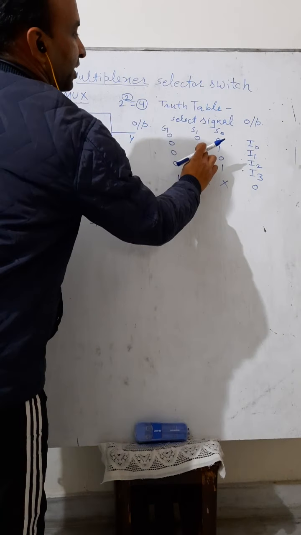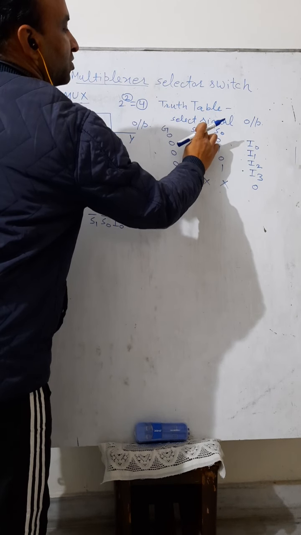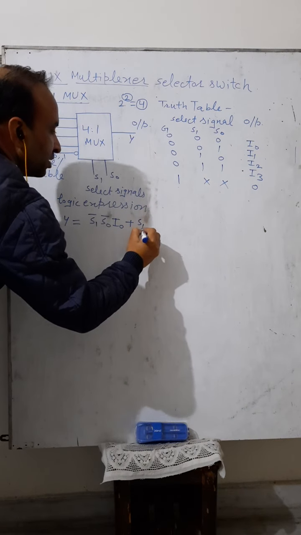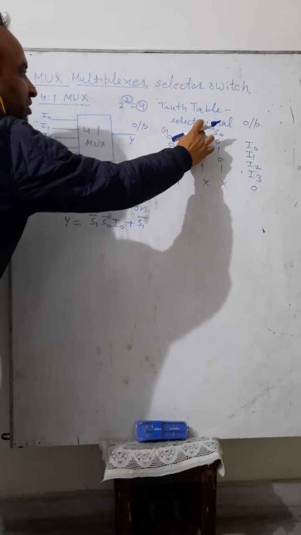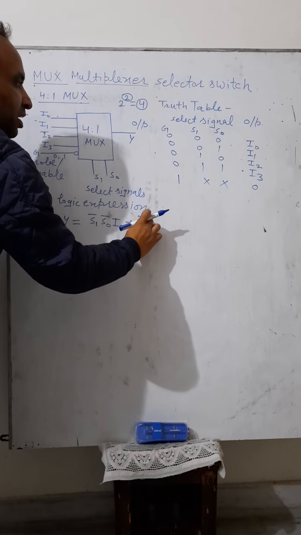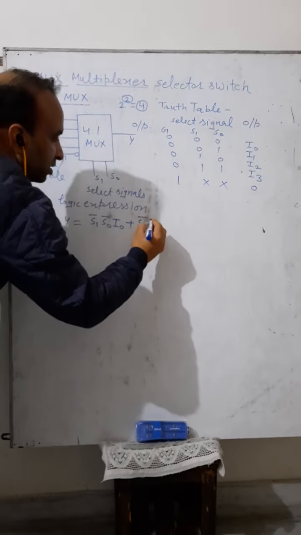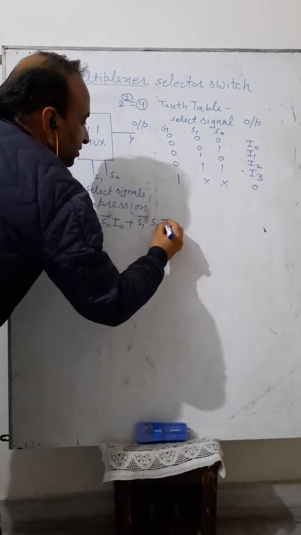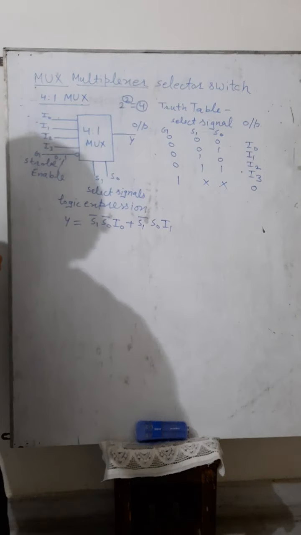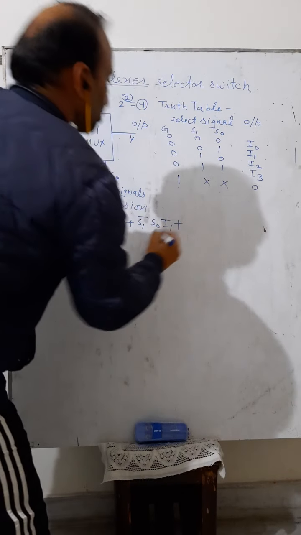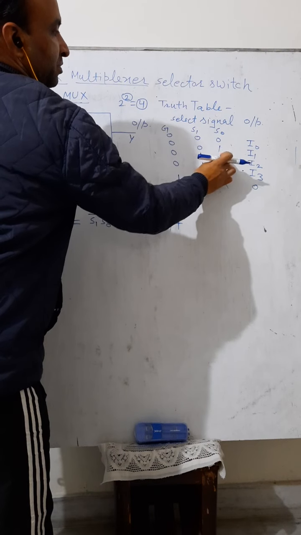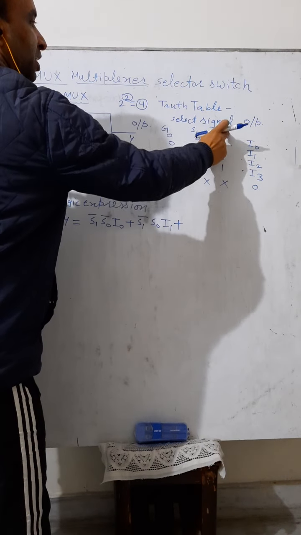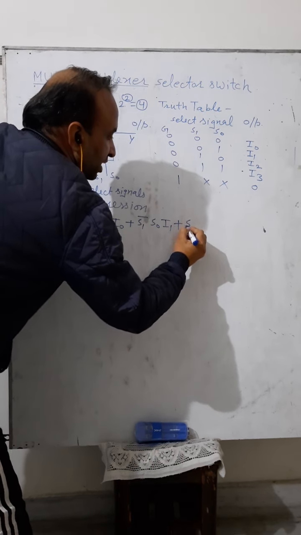For the second combination, the value of S1 is 0, S0 is 1. So S1 bar, because S1 value is 0, and S0, because its value is 1, and then I1. Plus the next product term, for the next combination, I2. S1 value 1, S0 value 0.